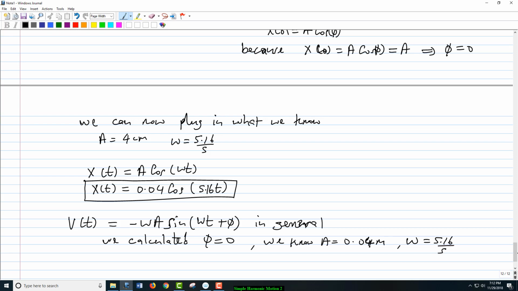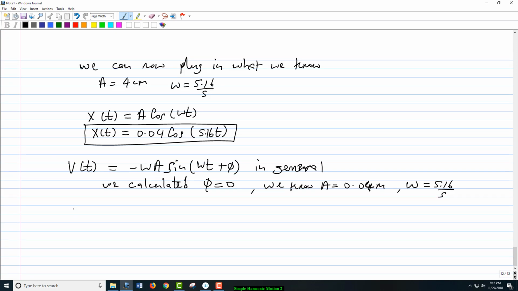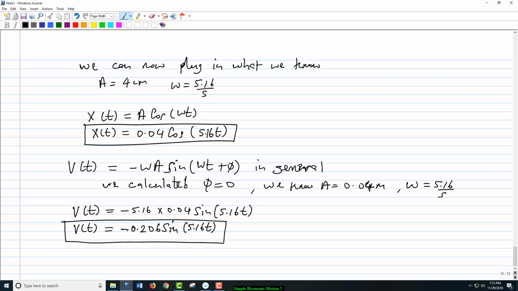So we can plug this in to get our velocity expression v of t, which can be written as minus 5.16 times 0.04 sine 5.16 t. So we have 5.16 times 0.04. That gives us 0.206 sine 5.16 t. So this is your v of t, and it's a negative. Put a negative in front of it.